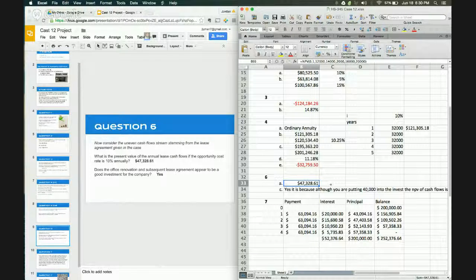So the way we calculate this is we say this investment is worth $47,328 versus if I just had that money now, it's only worth $40,000. So obviously the investment, since it's a little over $7,000 more, is going to be a good investment because it's worth more.